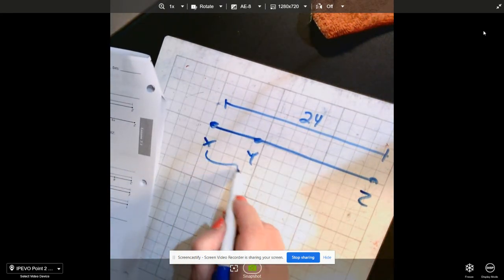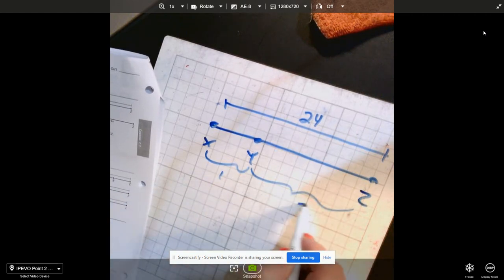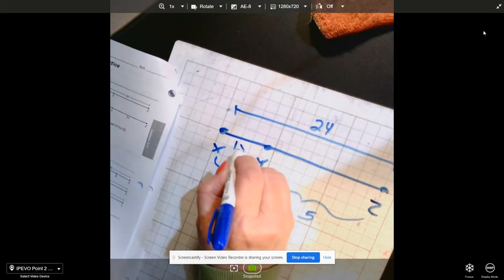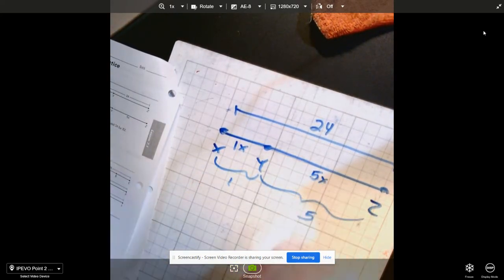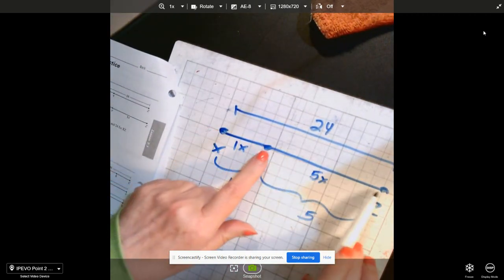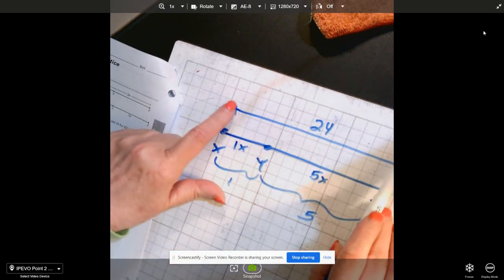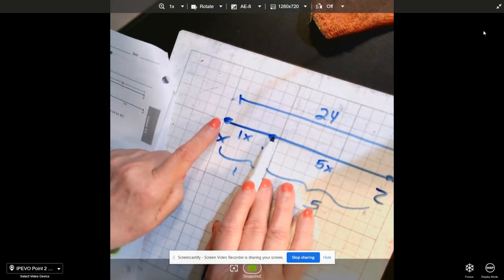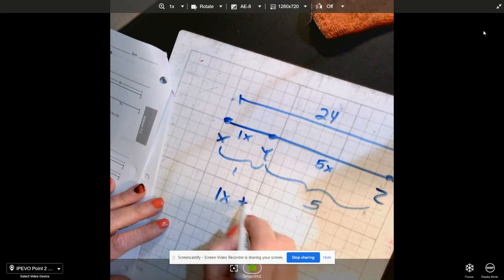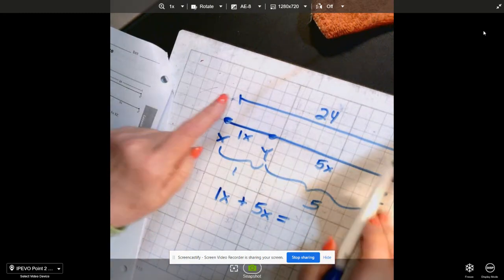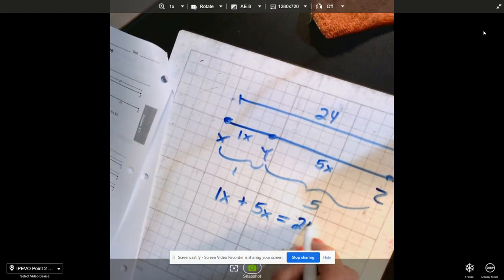I don't know what those lengths are, so I'm going to call this piece 1x, and this piece 5x. I know that this piece plus this piece has to equal this entire length. So I can write an algebraic equation: this piece, 1x, plus this piece, which is 5x, has to equal the whole length, which is 24.